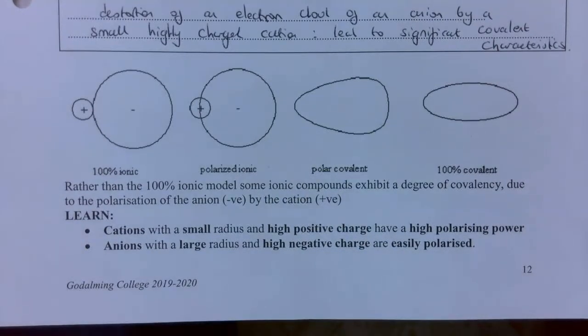Cations with a small radius and a high charge have a high polarizing power. Anions with a large radius and a high negative charge are easily polarized. Do get the difference between the polarizing and the polarized.